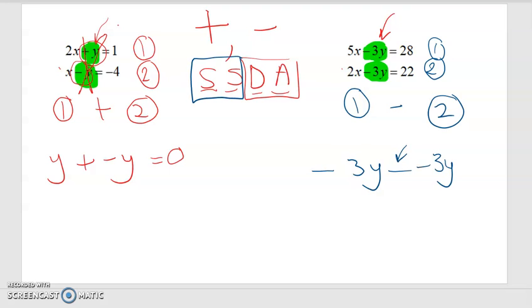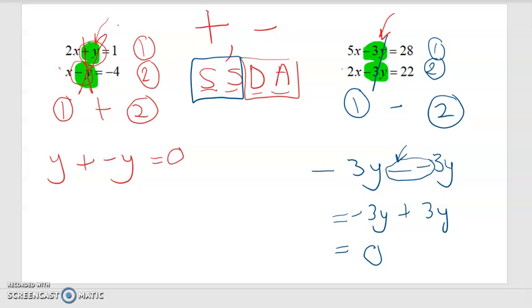Pay attention to the fact that you will get a double negative here, because we're subtracting a negative term. Two negatives together make a positive, and minus 3y plus 3y is 0. So once again, by subtracting these equations, we eliminate the y's, and we can then work out what x is. That's the most basic form of elimination.